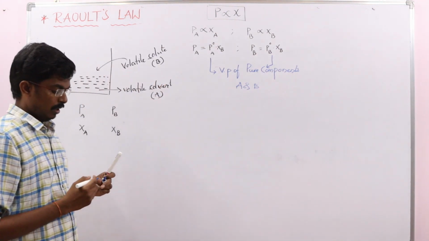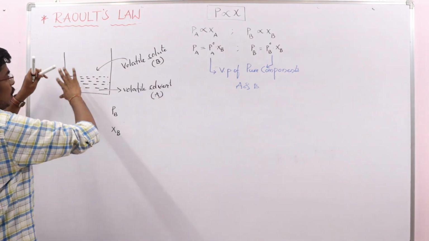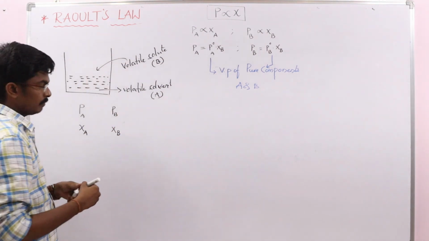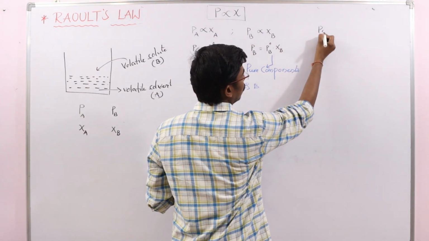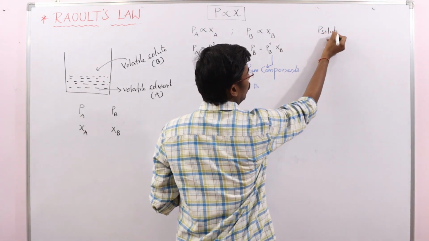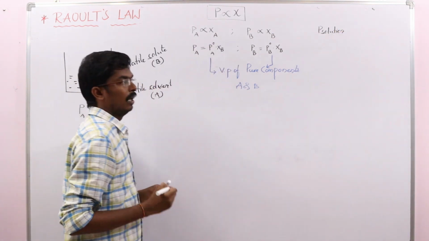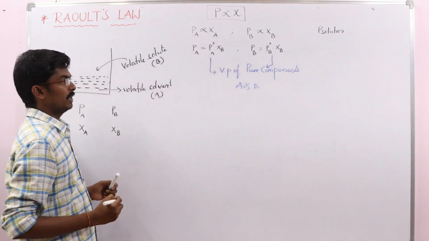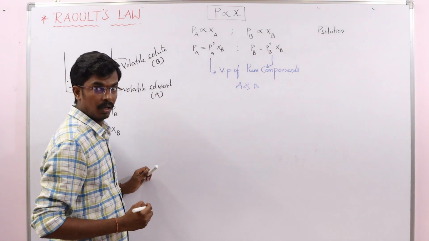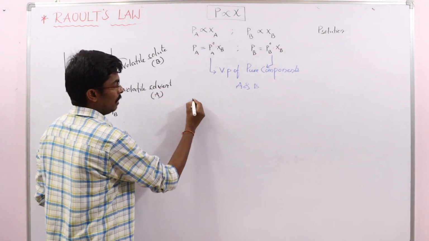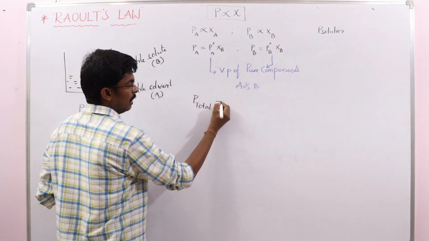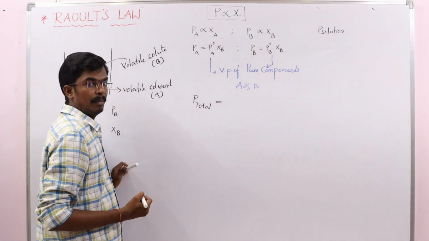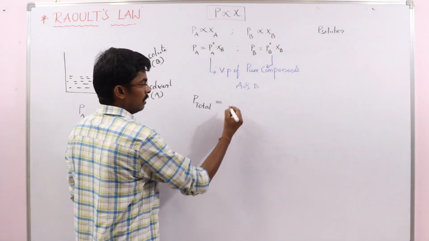Usually I am taking that. Now the total vapor pressure of the solution, that is P solution, I need. According to Dalton's law of partial pressures, the total vapor pressure must be equal to the sum of the partial vapor pressures.